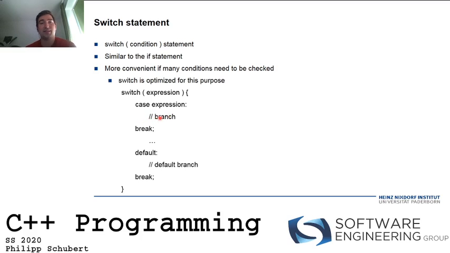And after you are done specifying the code that shall be executed if the expression is your desired case, you need to add a break keyword. Break is also a keyword. And then you can specify some more cases. Finally, you can also have a default block. If none of the cases above match, then the default branch is executed, and then you have break, and you leave that switch.